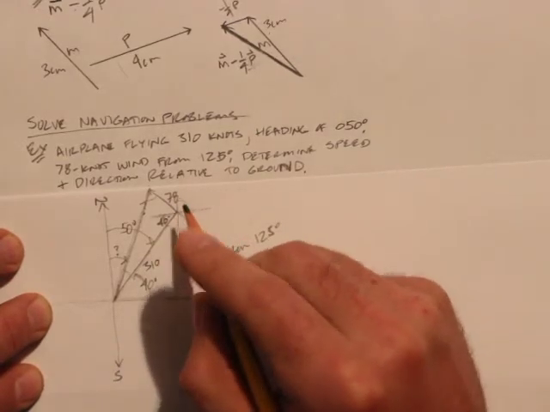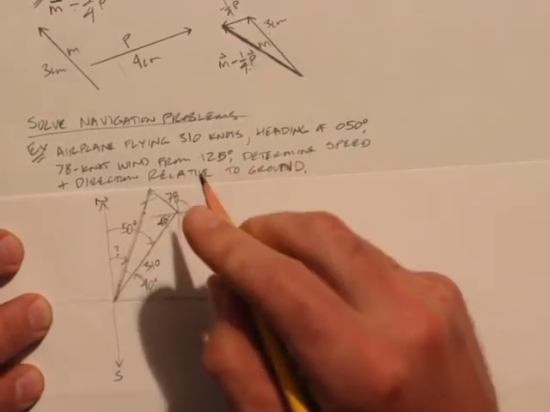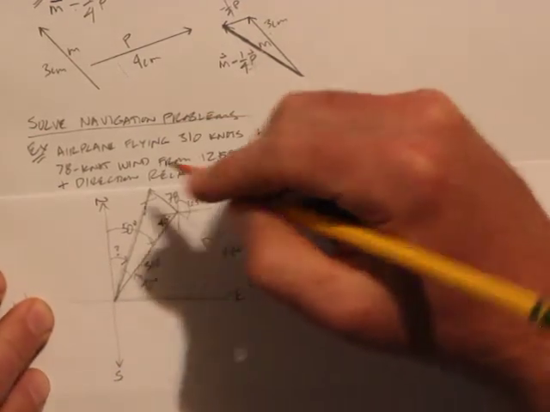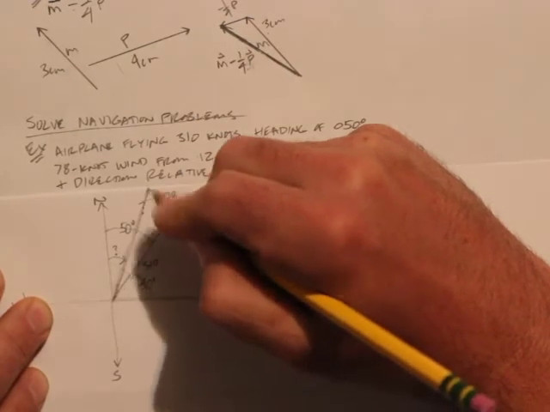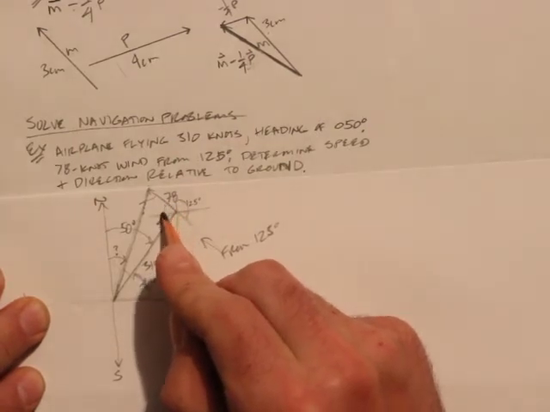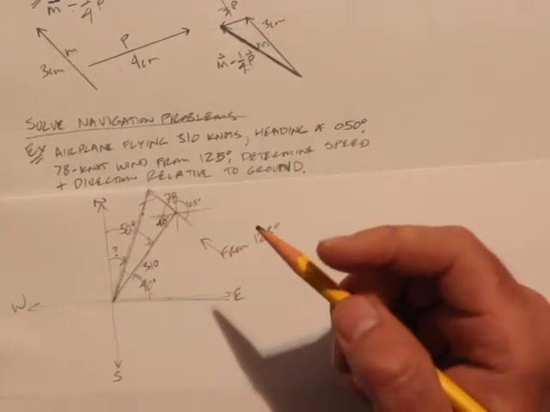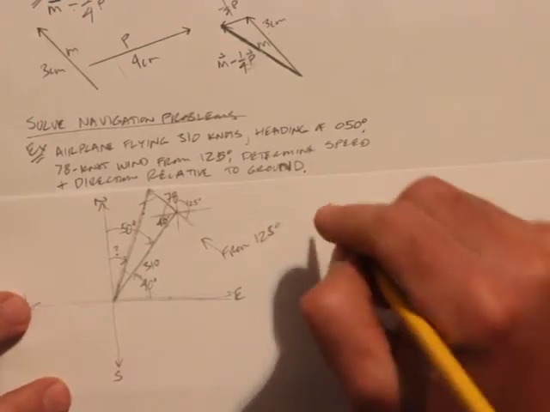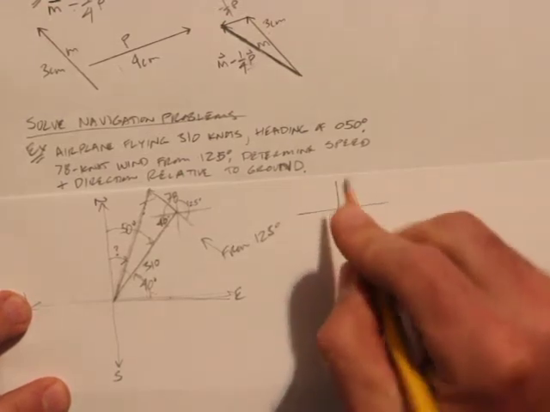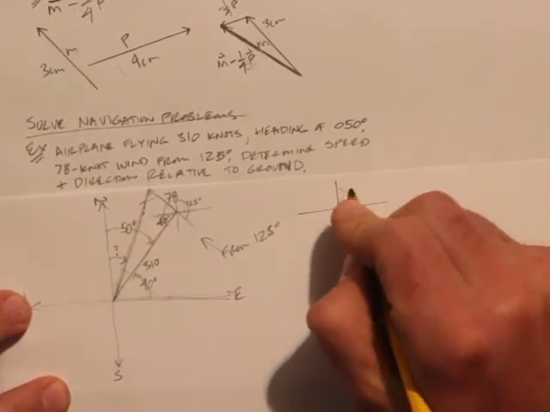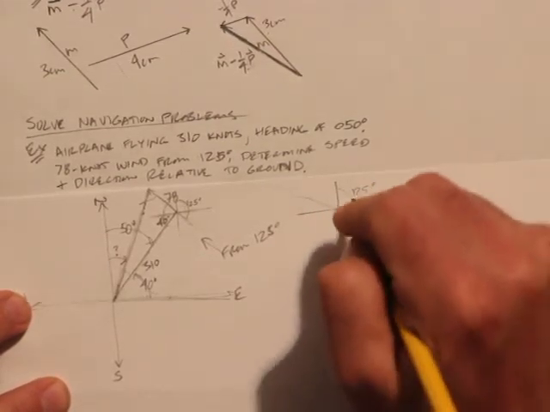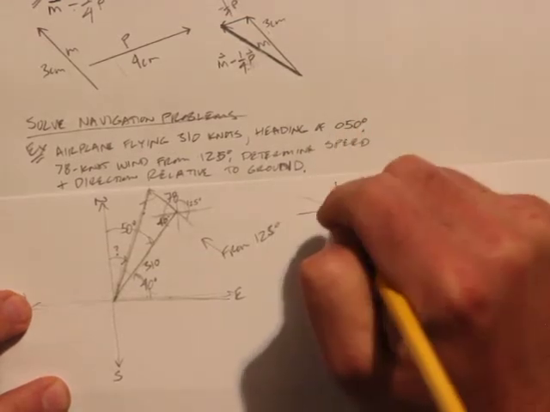Now I also know that this is 125 degrees, and this goes up that direction, right? So I can figure out what this angle is based on that information. I might need to draw it again just to help me see what's happening here. So if this is 125 degrees, then this little bit here is 35 degrees, and this is 90.